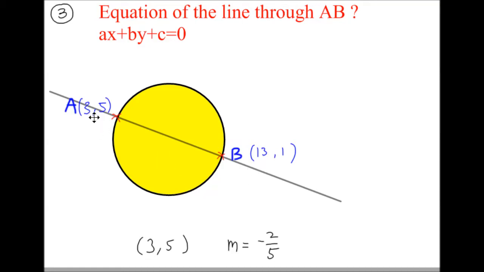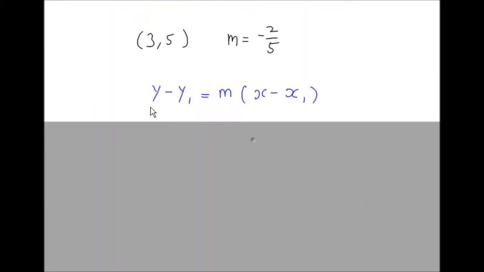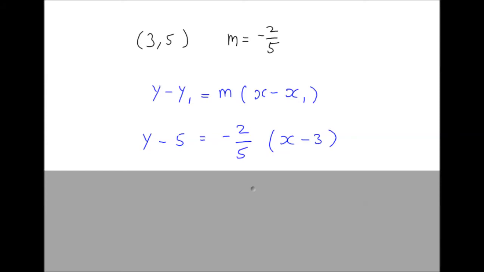I'm going to use the point A for this example. We have the gradient, minus 2/5, and then using this form for the equation of a line, x here is 3, y is 5, and the gradient m is minus 2/5, so we have all this.